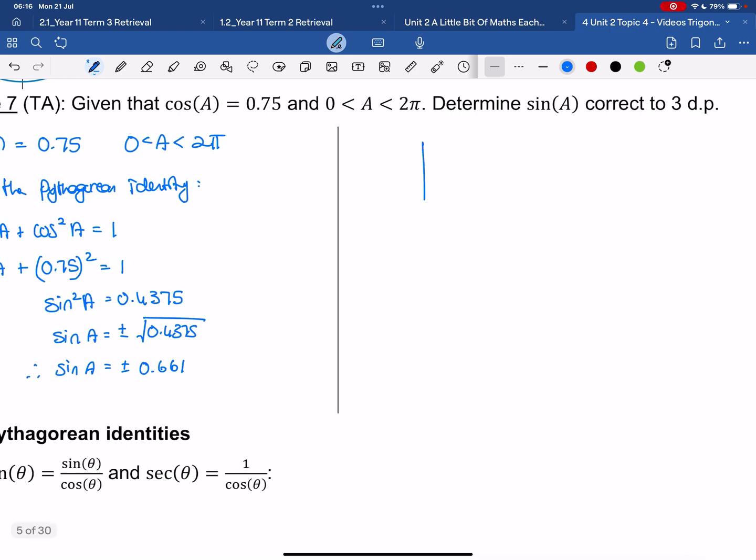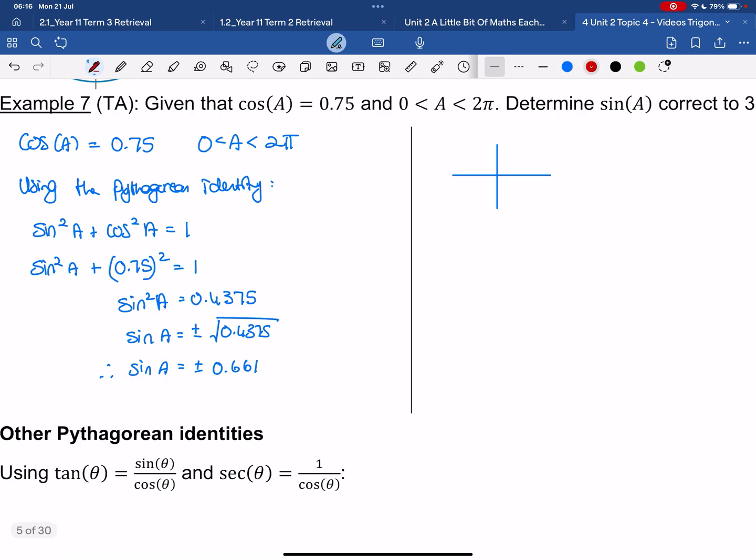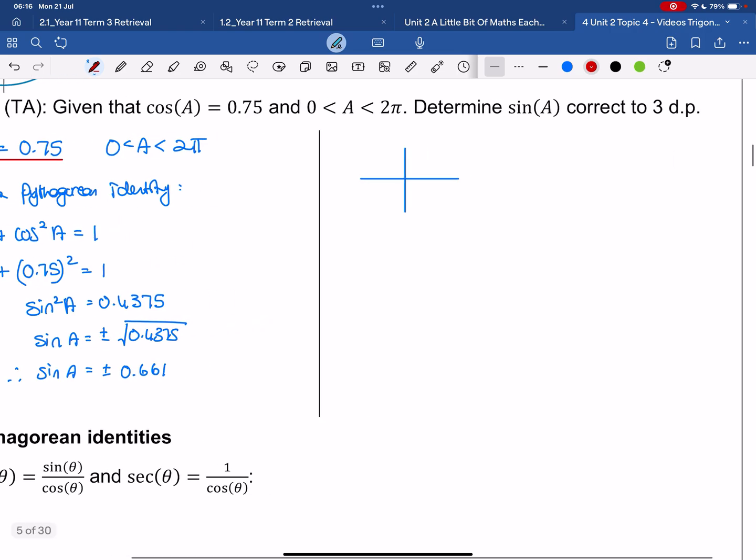So let's just have a look in our unit circle. Notice that originally, this is where my original angles are. Cos is positive, okay?